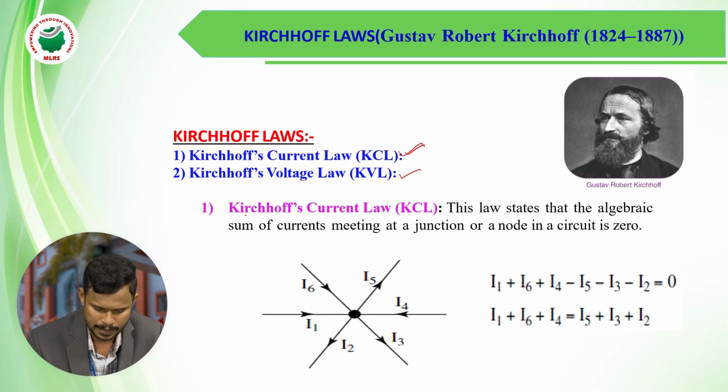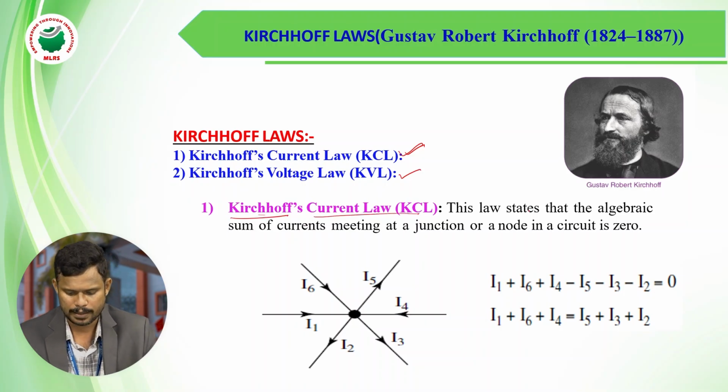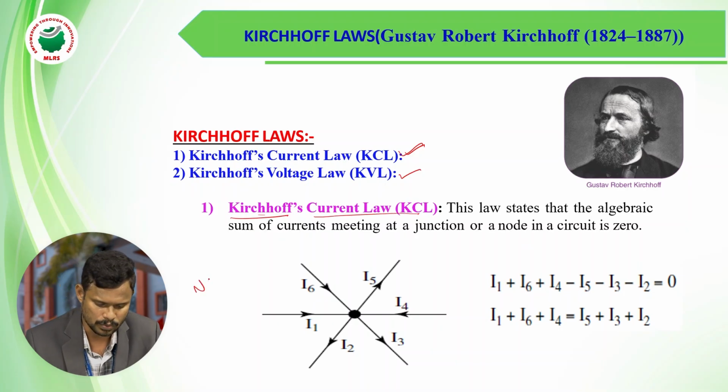First we discuss the Kirchhoff current law. According to this law, the algebraic sum of the currents entering a particular node is equal to 0. In any circuit, first, what is a node? A node is a connecting point of two or more branches. Suppose this is a resistor R1 and this one is a resistor R2.